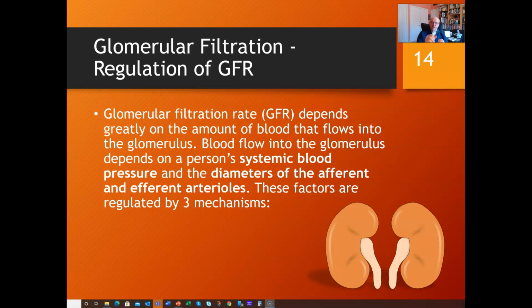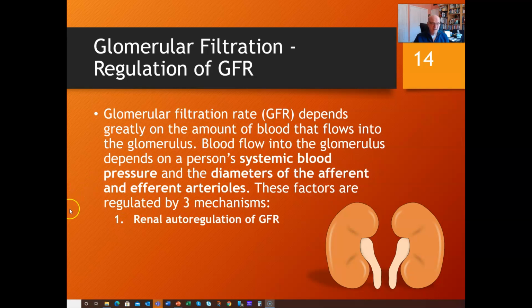Dilate it. On the efferent one, if you constrict the efferent one, it will cause a back pressure into the glomerulus and more filtration will occur. If you widen the efferent one, dilate the efferent one, then it will allow the blood to move more freely away from the glomerulus and not through the filtration mechanism.